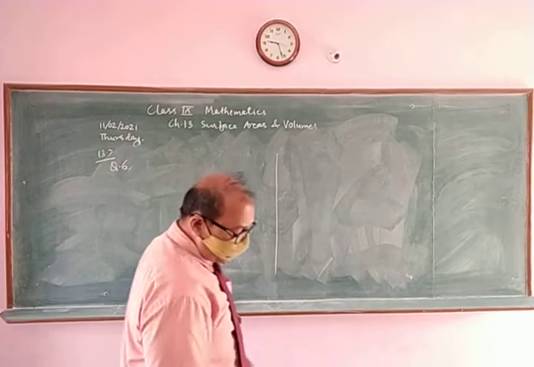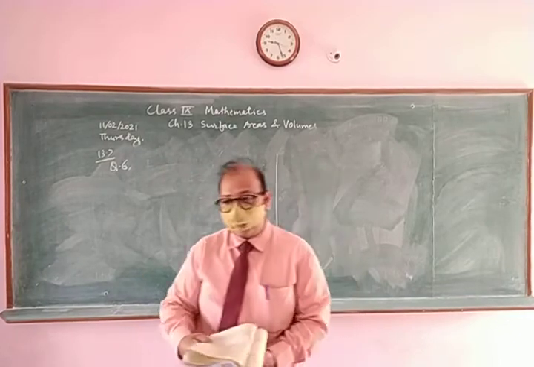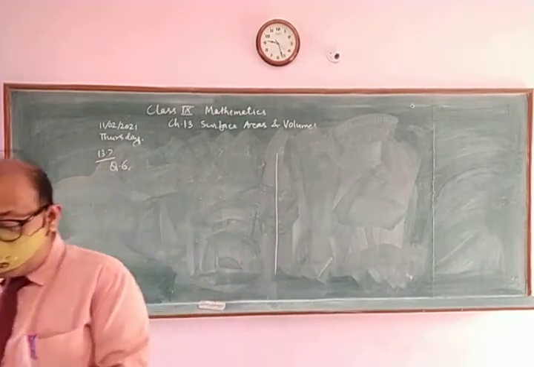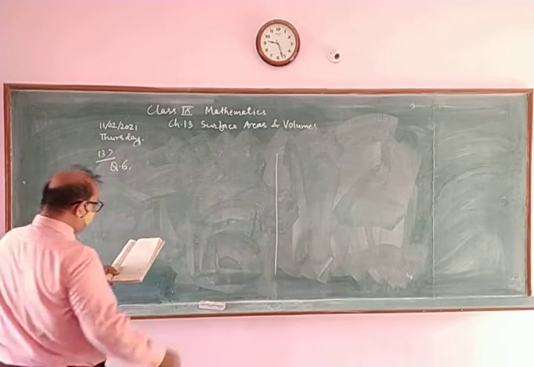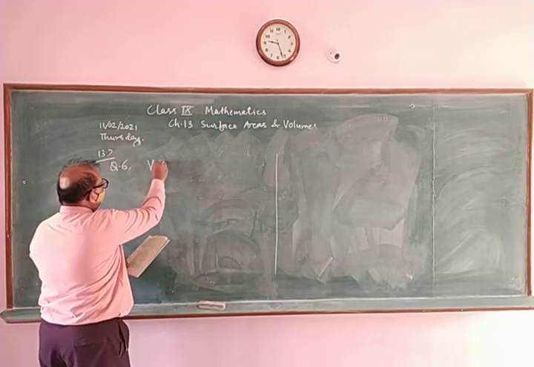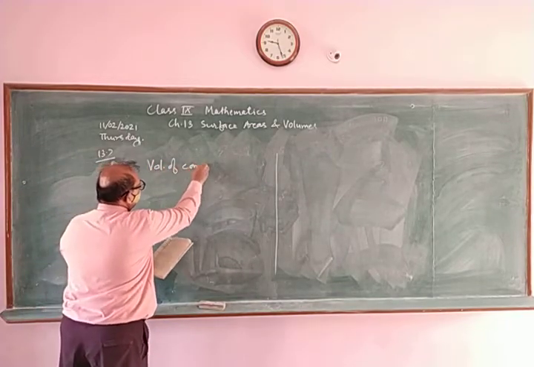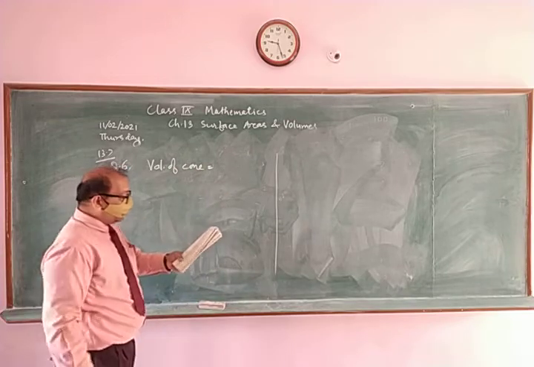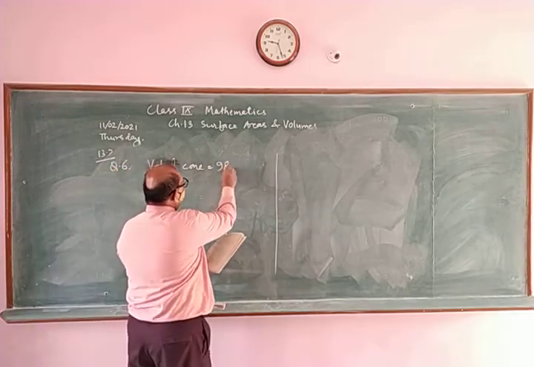Now we are solving question number 6. The question says the volume of a right circular cone is 9,856 cubic centimeter.